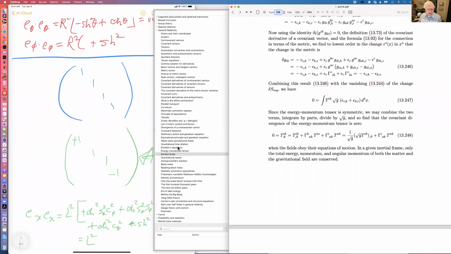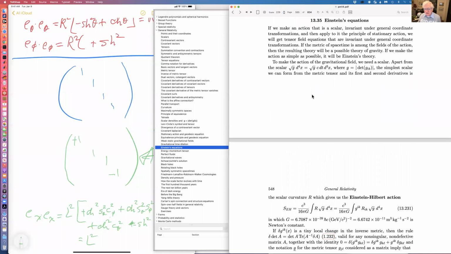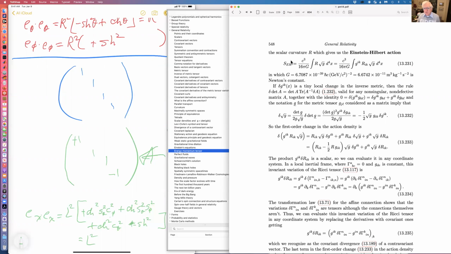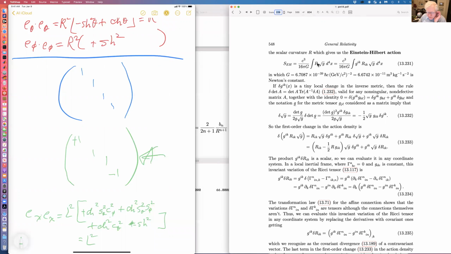Yeah, let's first go to Einstein's equations. Well, Einstein's equations can be derived from a very simple formula. Well, sort of simple. The simple formula is you take the metric and you allow yourself to have second order derivatives of the metric, and you want something that's a scalar, at least that's a scalar under coordinate transformations.